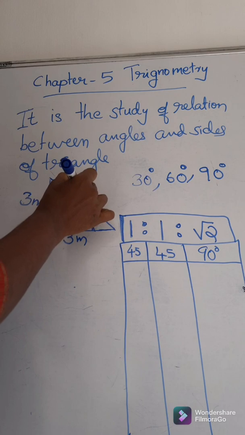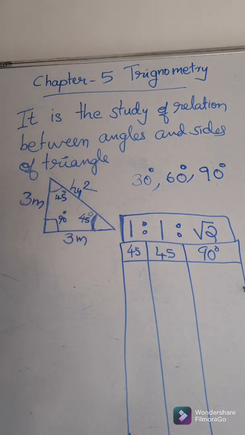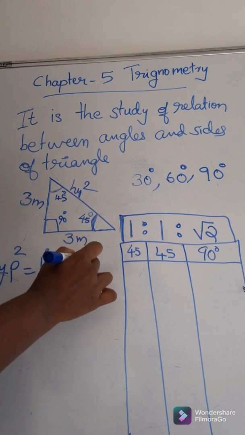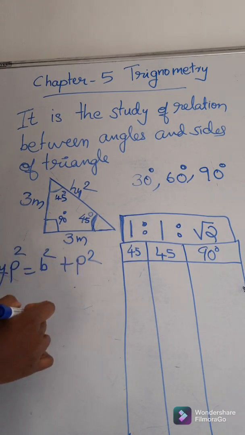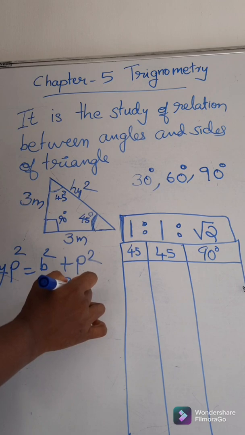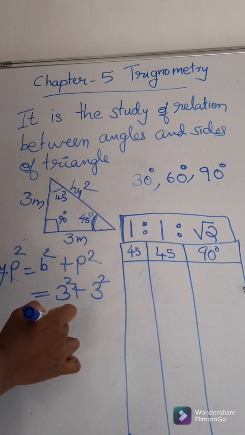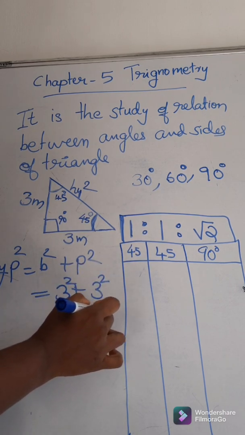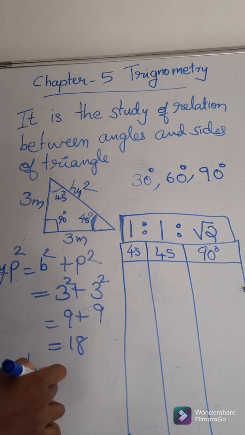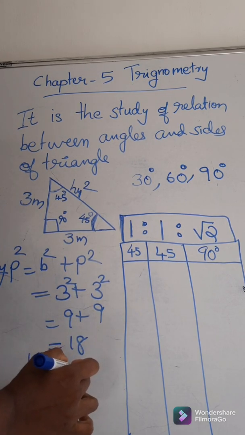Now we want to find the hypotenuse. Hypotenuse square is equal to base square plus perpendicular square. That is equal to 3 square plus 3 square. So it will come 9 plus 9, we will get 18. So hypotenuse is equal to root of 18.